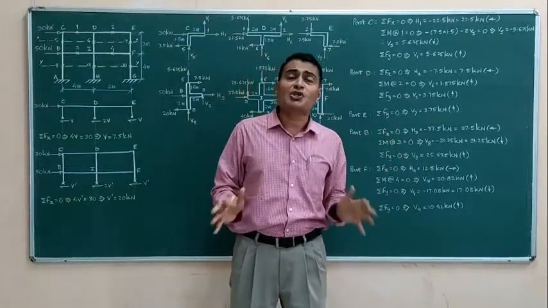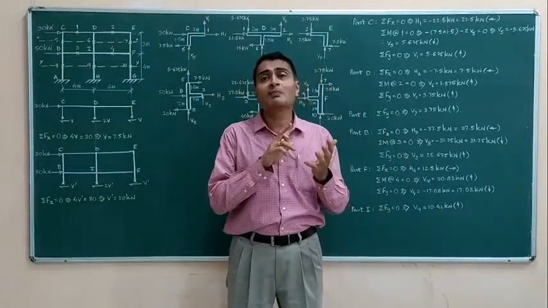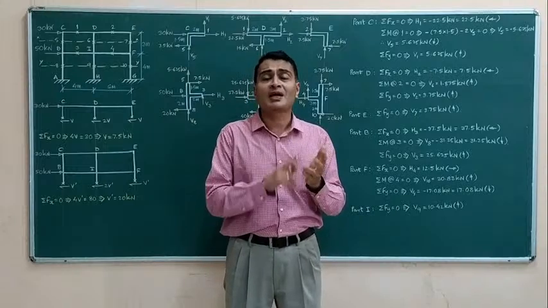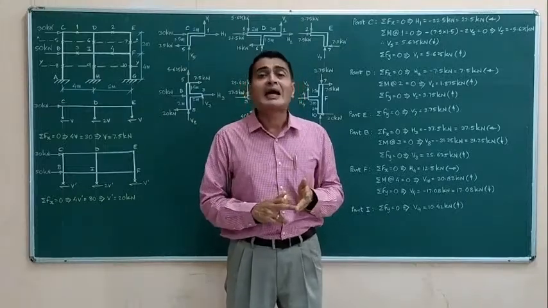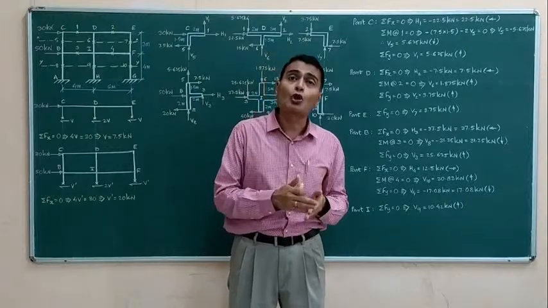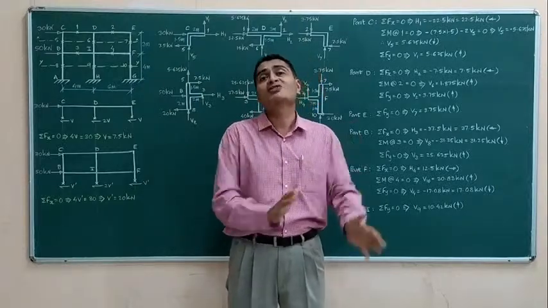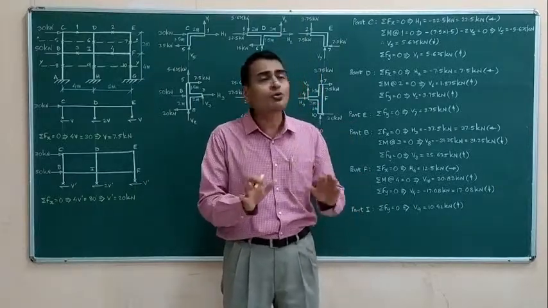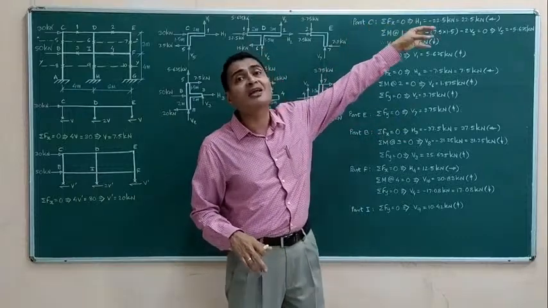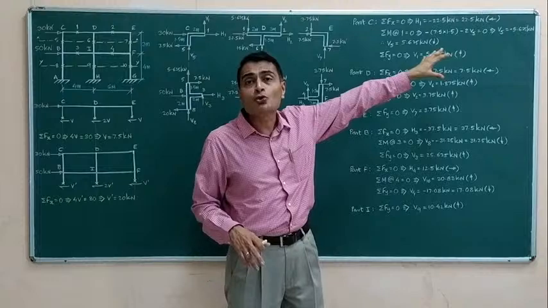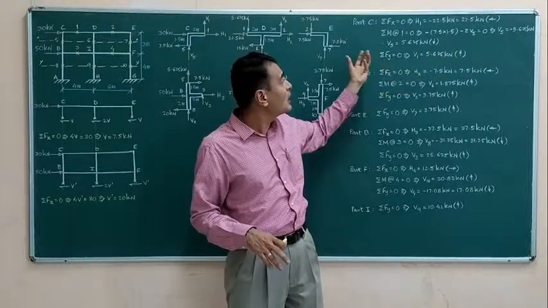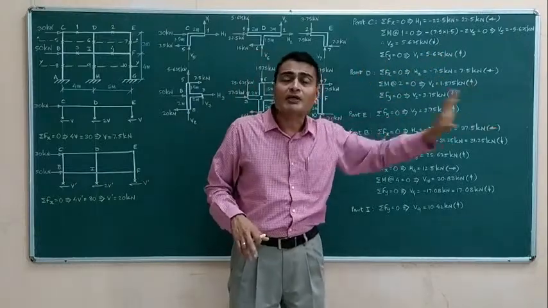Now at this stage, after doing engineering mechanics, mechanics of materials, structural analysis 1 and structural analysis 2 also, after solving so many examples, I am not going to explain how I have written Fx equal to 0, how I have calculated V5 using the sigma M equation, how to apply the sigma Fy equation.